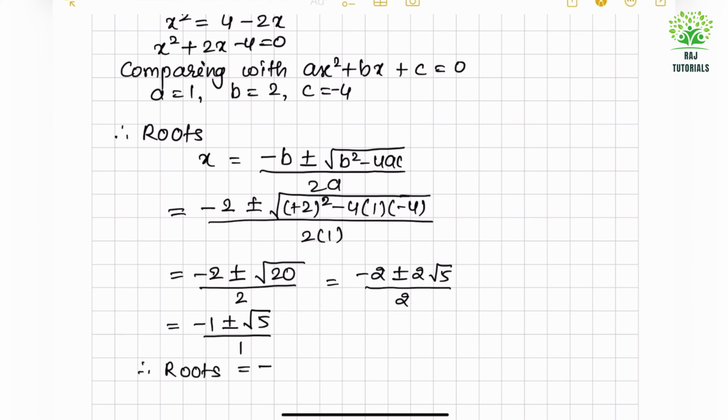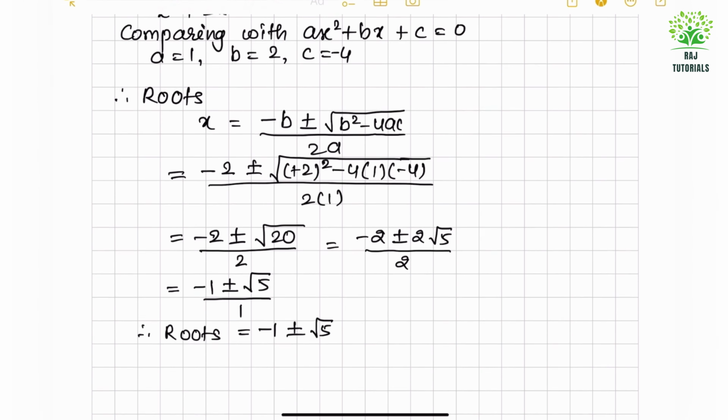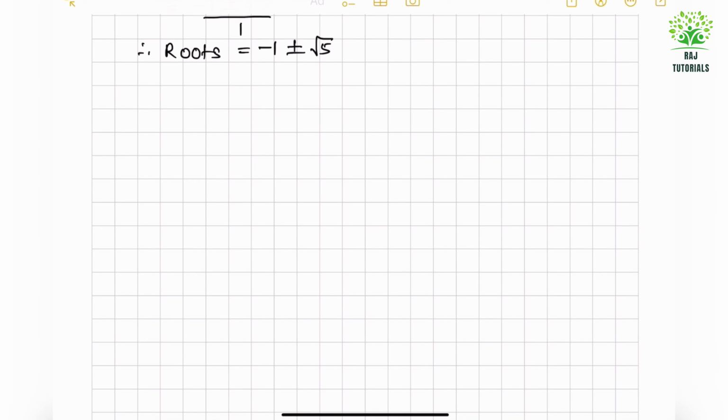So therefore roots are minus 1 plus or minus root 5. Therefore the roots I can say are minus 1 plus root 5 or minus 1 minus root 5.